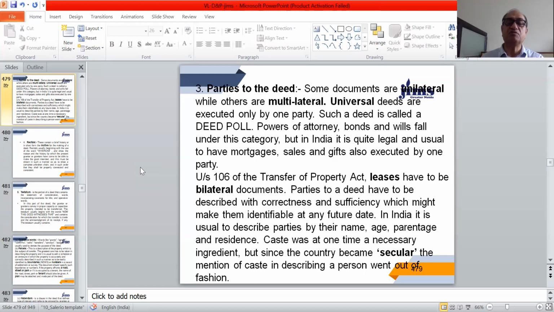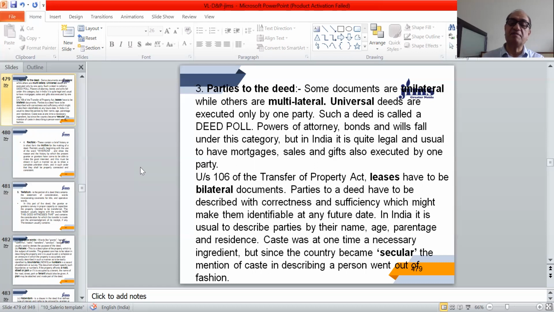Parties to a deed have to be described with correctness and sufficiency, which might make them identifiable at any future date. In India, it is usual to describe parties by their name, age, parentage, and residential address.